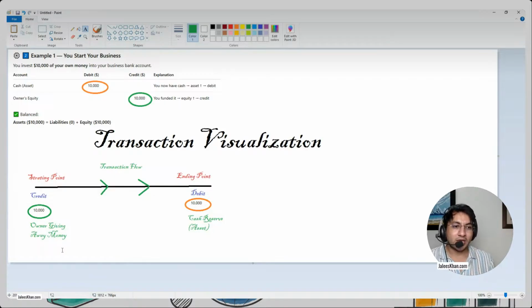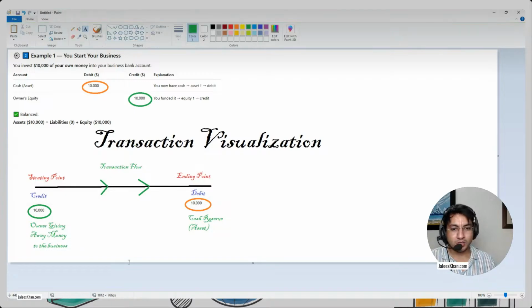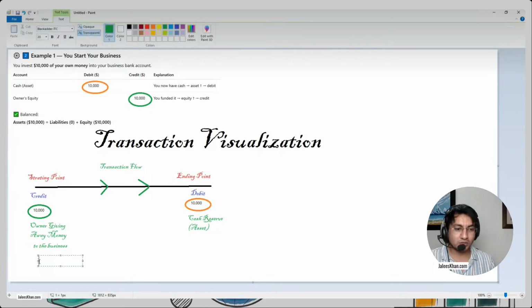Now, if the owner gives away money to the business, it will increase the owner's equity. In business terms, if you are maintaining your balance sheet, you label this transaction as owner equity, because the owner paid to have a share in the business.